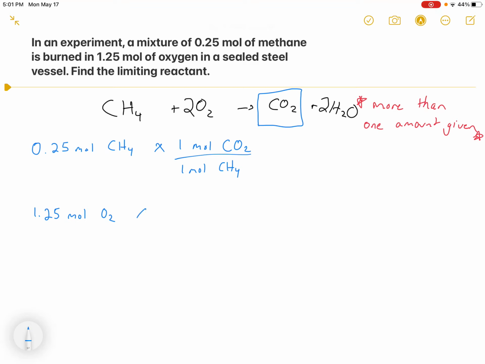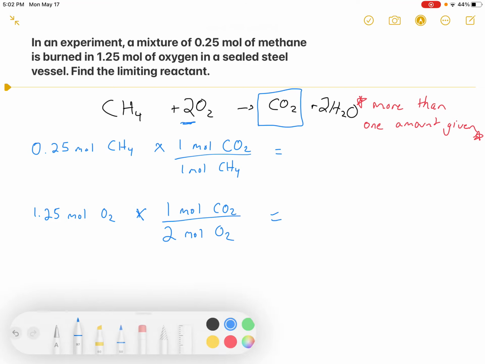And then we also need to convert the moles of oxygen into the same product. If we go back to our reaction equation, we see that 2 is the coefficient in front of oxygen. So that tells us that the molar ratio and the equivalent proportion multiplier, the way we set that up, is that in this reaction you produce 1 mole of CO2 per every 2 moles of oxygen.